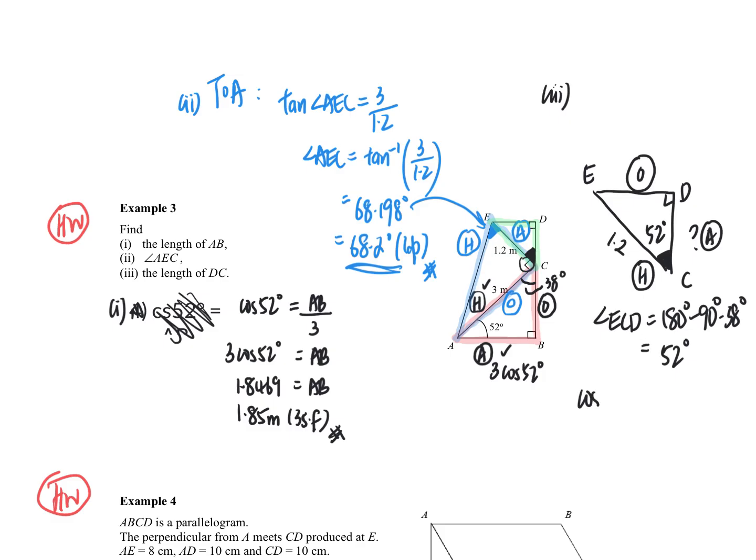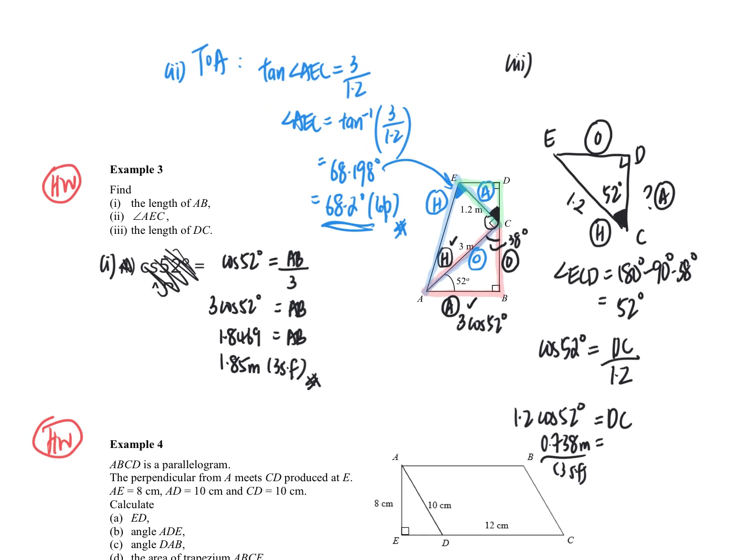So cosine of the angle 52 is A over H. So CD or DC is just 1.2 cosine 52. What's the answer? 0.738. So small. Okay, 3SF. And then it is 0.739.